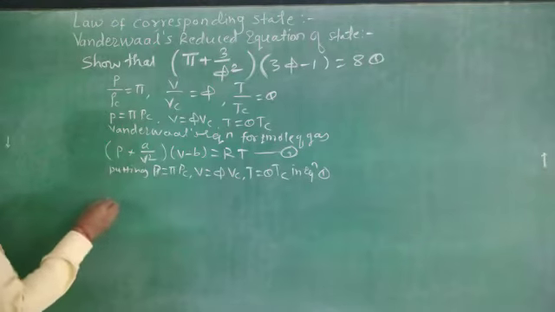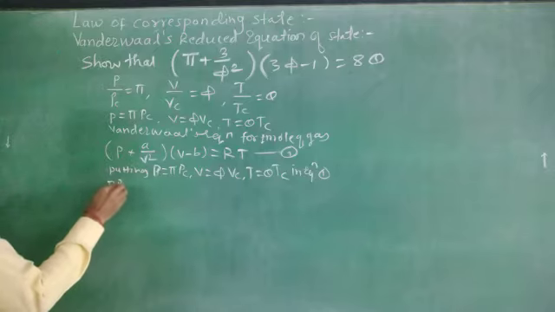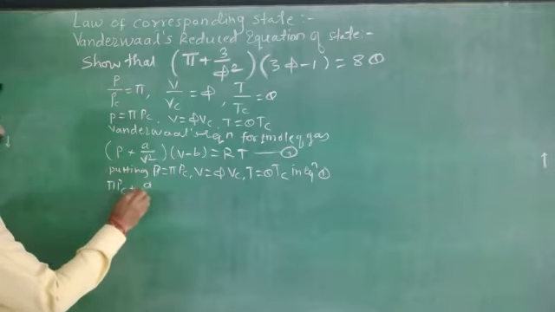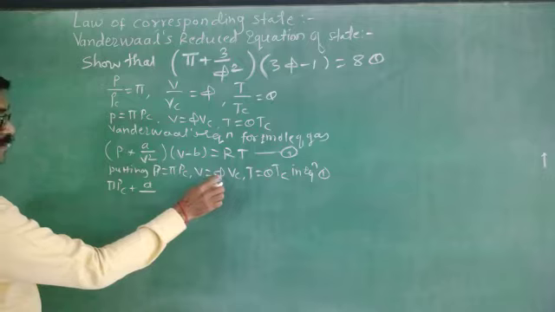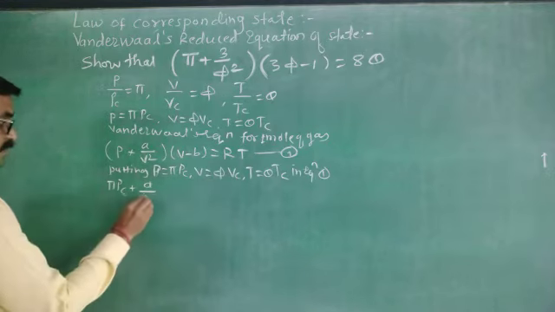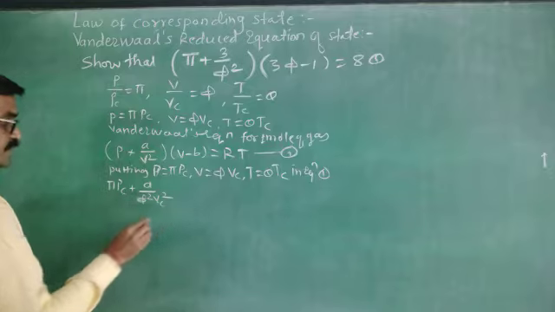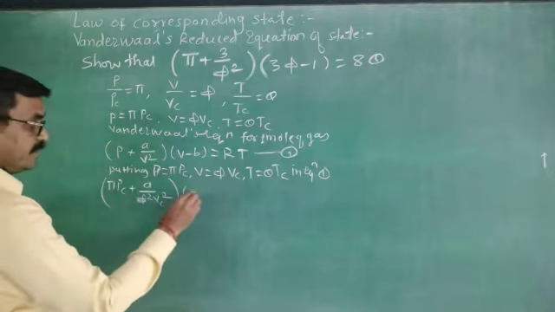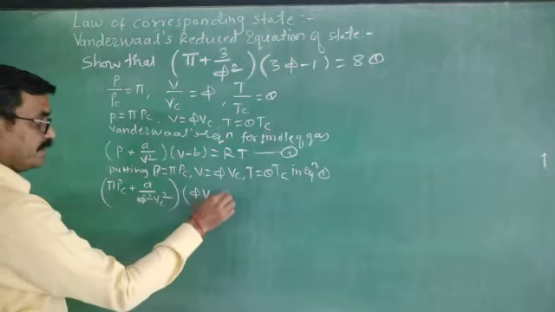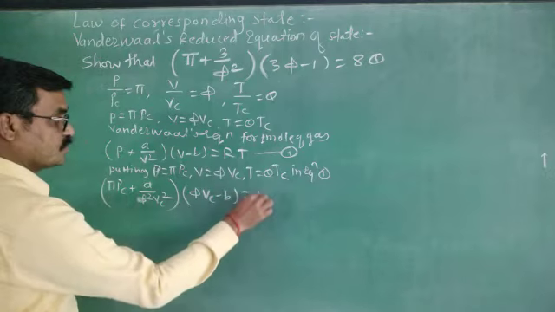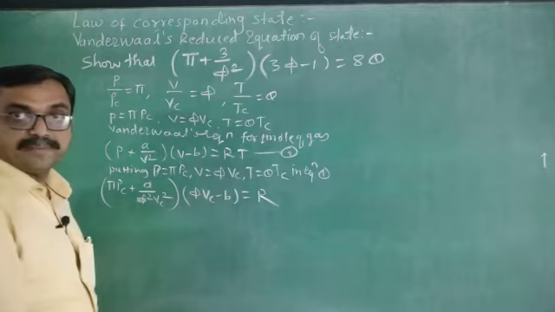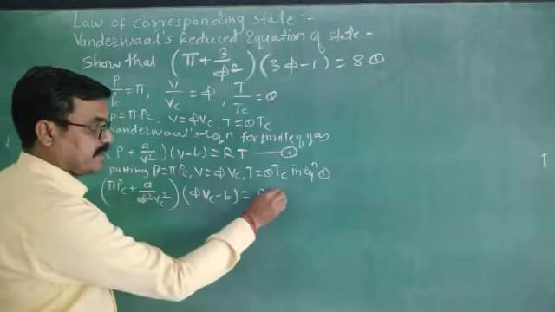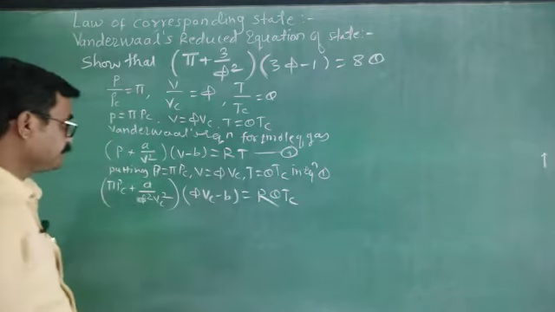Now this equation becomes (pi Pc plus A upon phi square into Vc square) into (phi Vc minus B) is equal to R theta Tc.